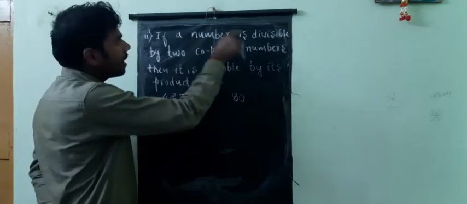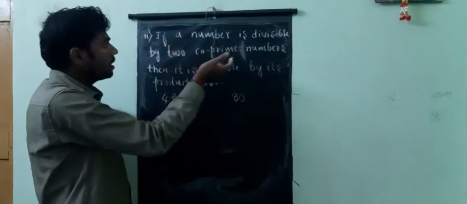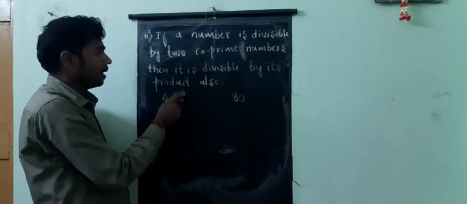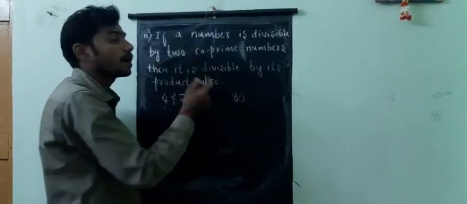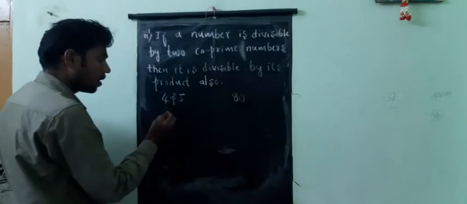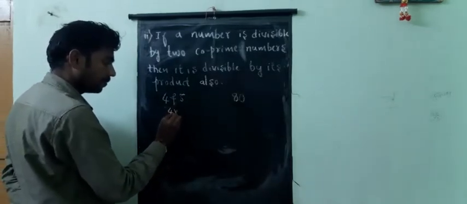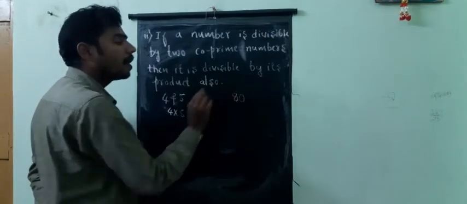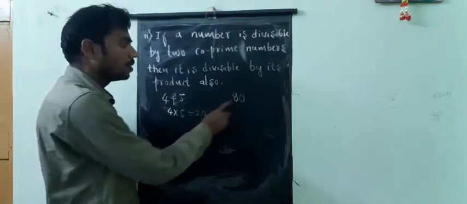So what does it state? If a number is divisible by two co-prime numbers, then it is divisible by their product also. What is the product of 4 and 5? 4 into 5, that is 20. So this number will also divide 80. 4 twenties are 80.